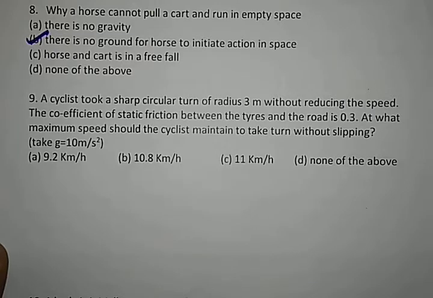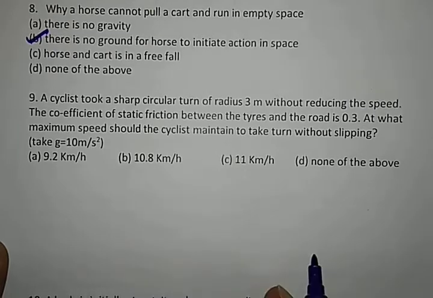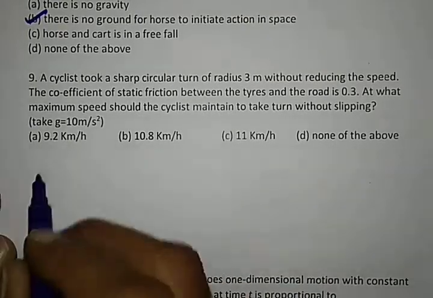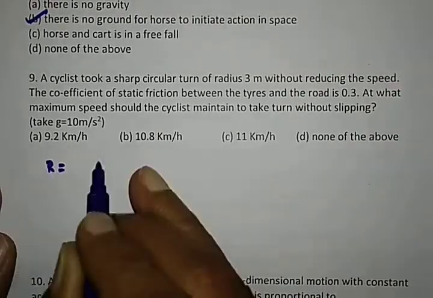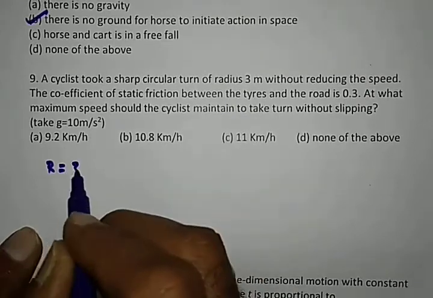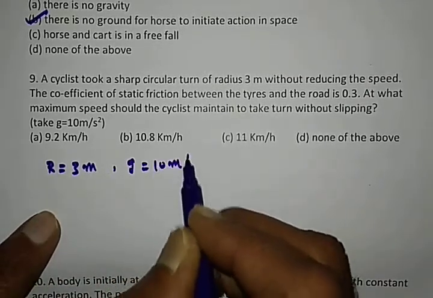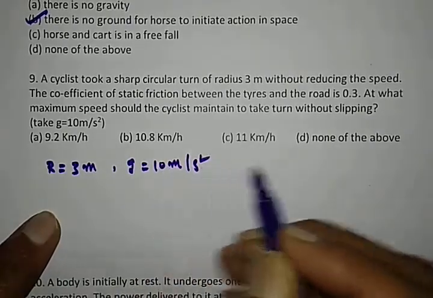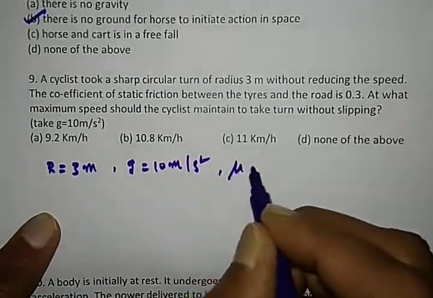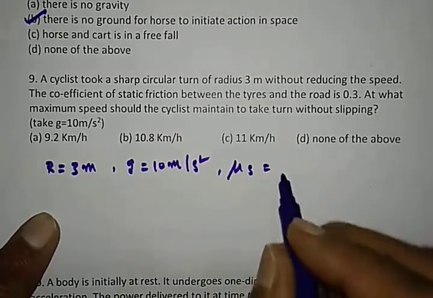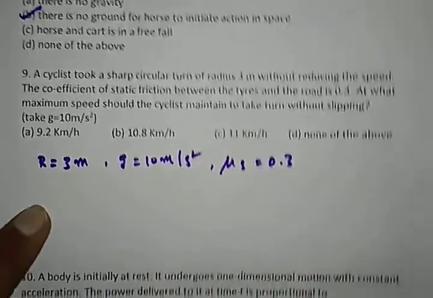Let us solve this. So the given values are, I will write here. r, the radius of curvature, is 3 meters. g is 10 meters per second square. And the coefficient of friction is 0.3.